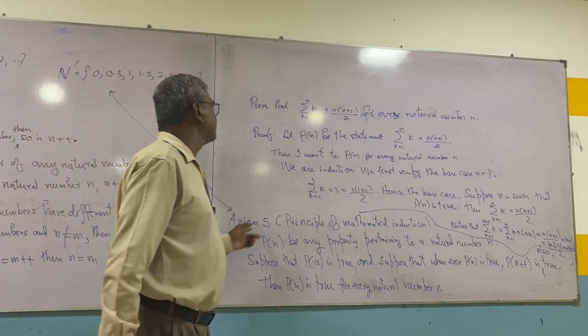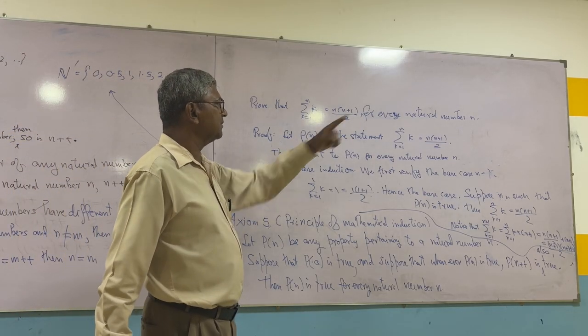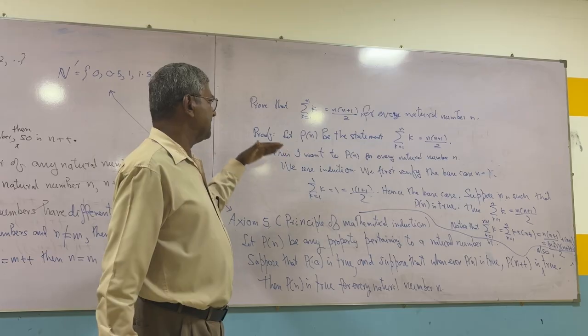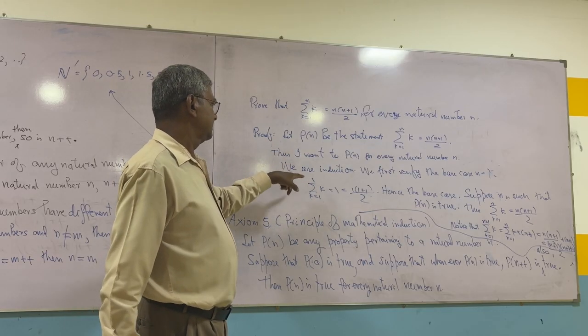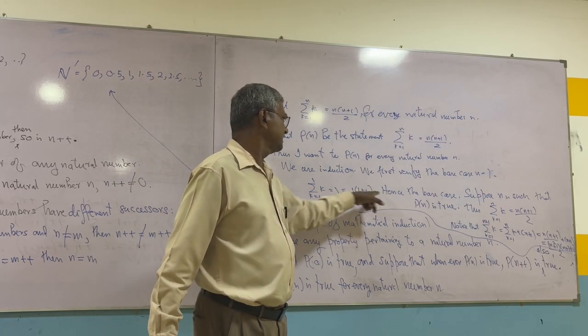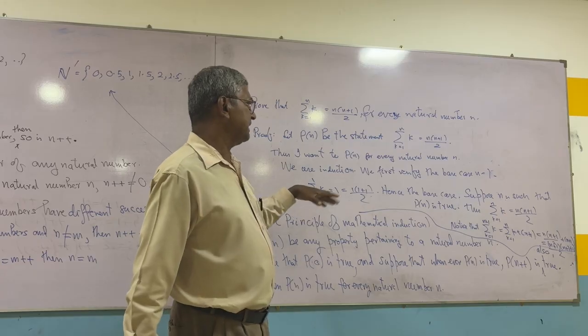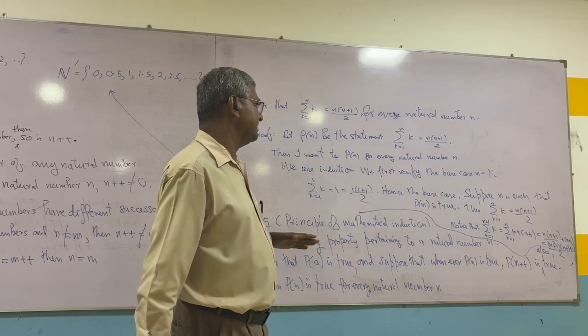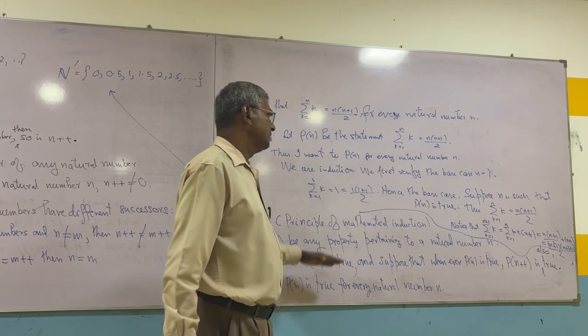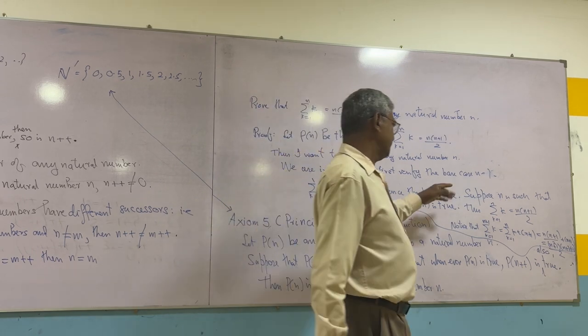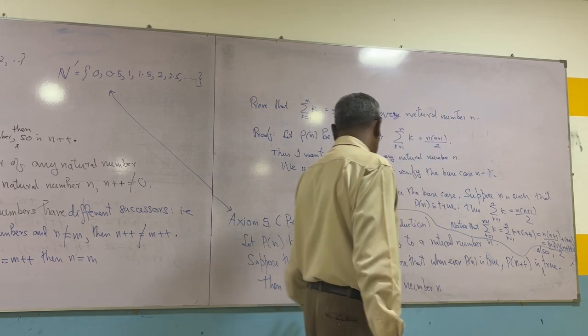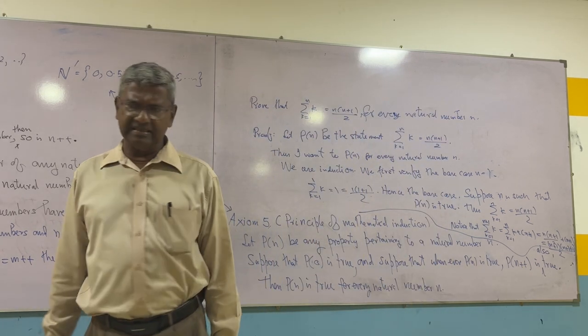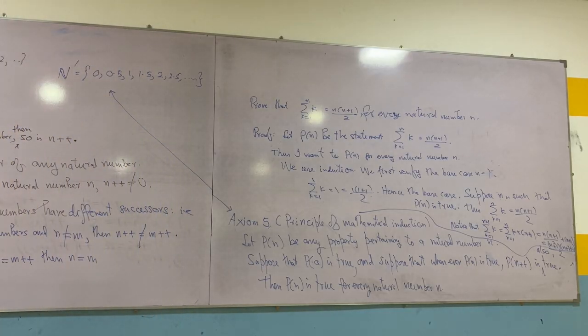I said let Pn be the statement, that one. Then I proved P1 is true. Then I assume that suppose n is an integer such that Pn is true. Then I proved Pn plus 1 is true. Then by the principle of mathematical induction, Pn is true for every natural number n.